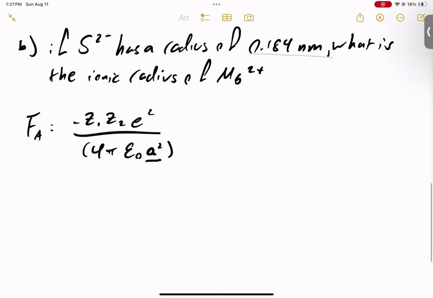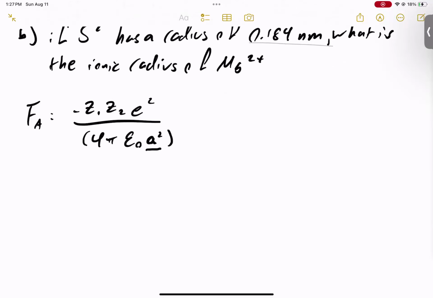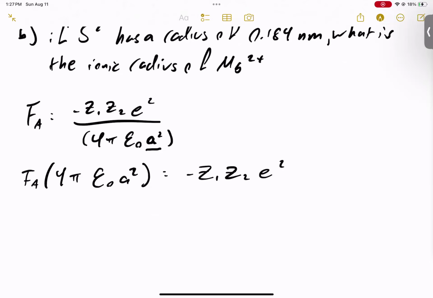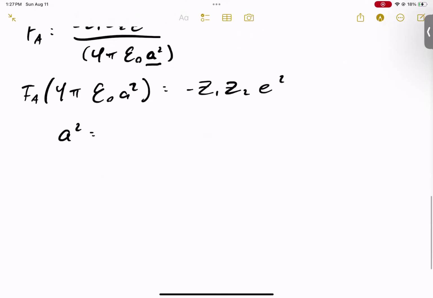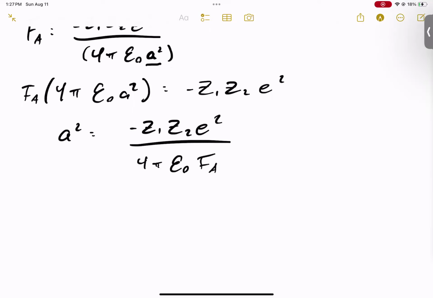So here is just a simple case of algebra. We have FA multiplied by 4 pi epsilon A squared is equivalent to negative Z1, Z2, e squared. Then I divide so that I get only A squared on this side, so now I have A squared equals negative Z1 Z2 e squared over 4 pi epsilon FA, and I need to take the square root of it so that I can get A by itself.